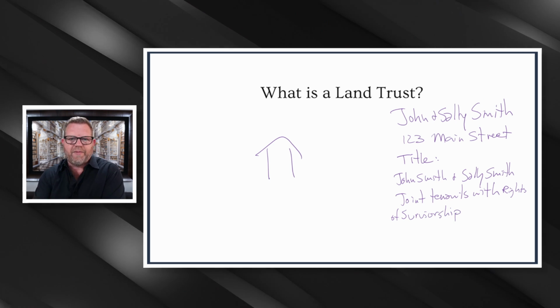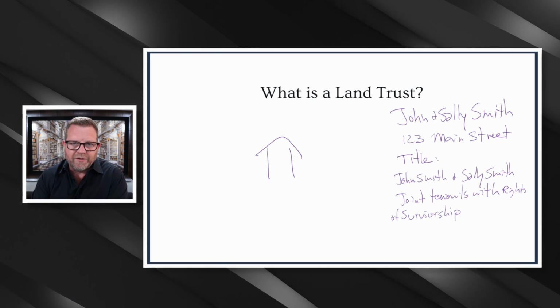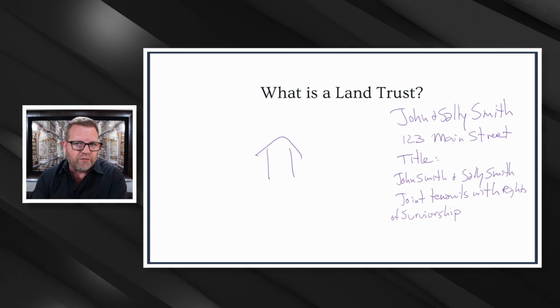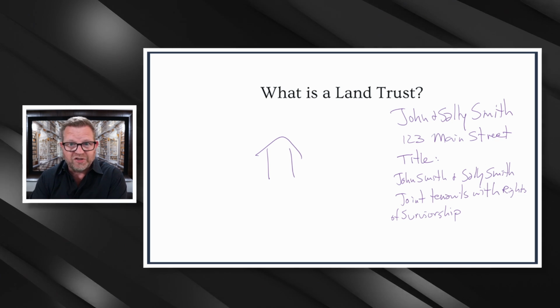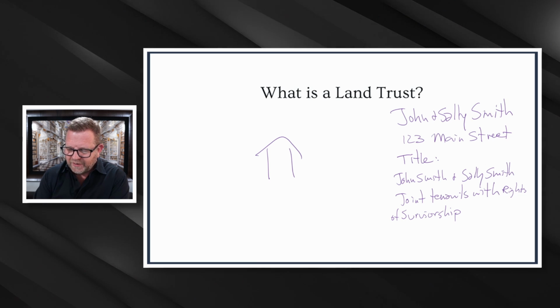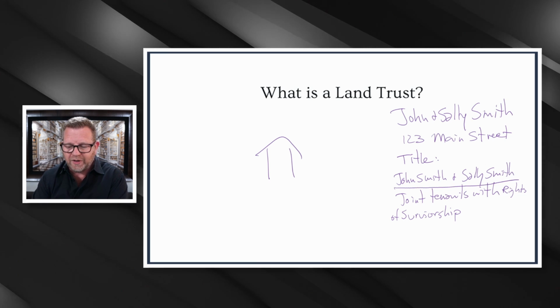It depends on your state, but sometimes they'll just do WROS, joint tenancy with right of survivorship, or sometimes they'll say just joint tenancies. But the point is that John Smith and Sally Smith have their name featured on there.